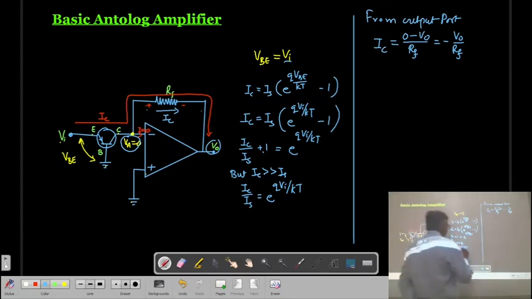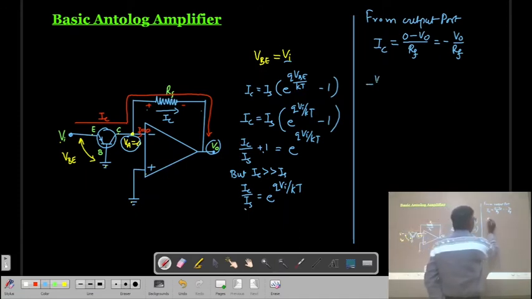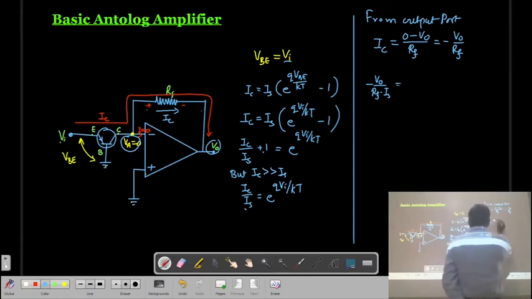And therefore, this expression we can write as minus VO by RF into IS is equal to e raised to QVI by KT, or we can say VO is equal to minus RF into IS e raised to QVI by KT.